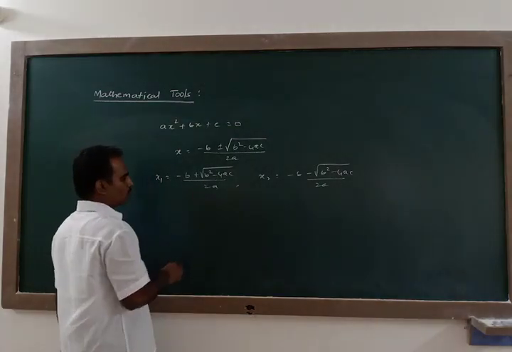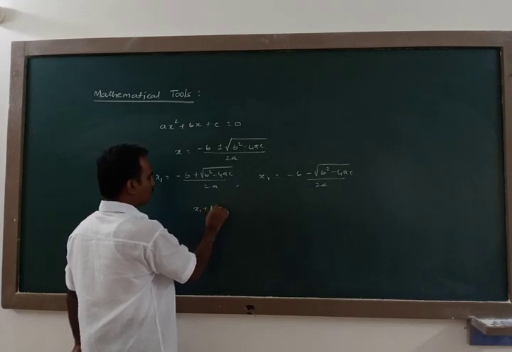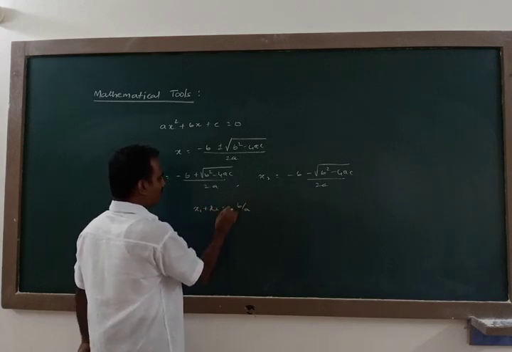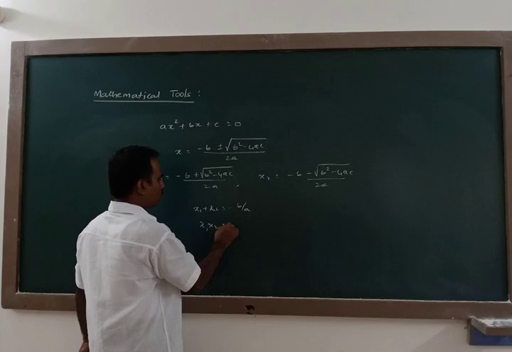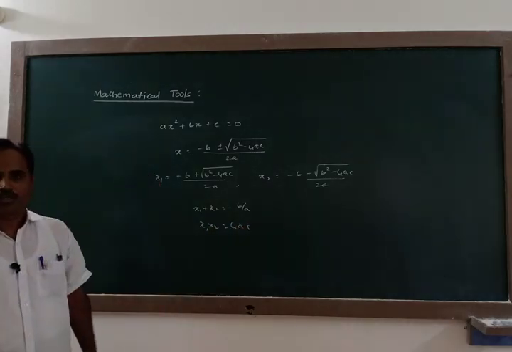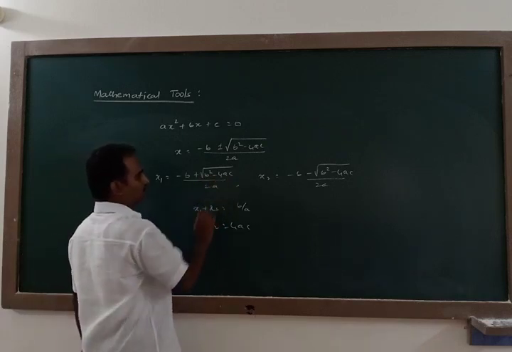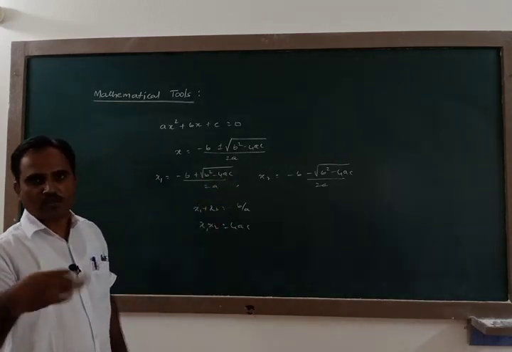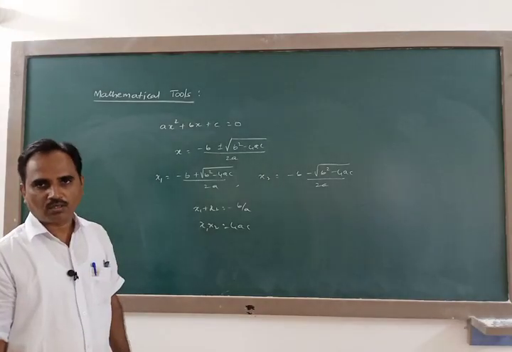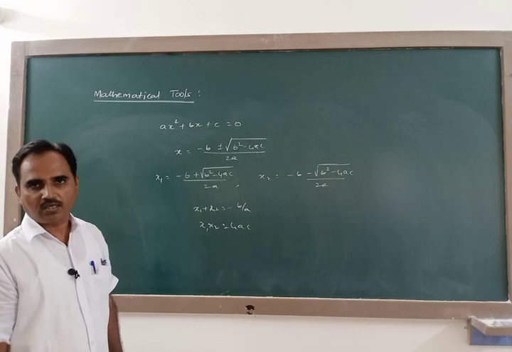So for these roots x1 and x2, the sum of the roots x1 plus x2 will be minus b by a, and the product of the roots x1 into x2 will be c by a. If this discriminant b square minus 4ac is 0, then the roots will become equal. So you should keep these things in mind while solving quadratic equations.